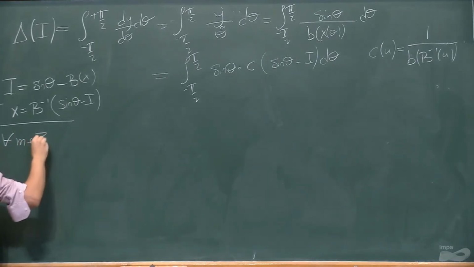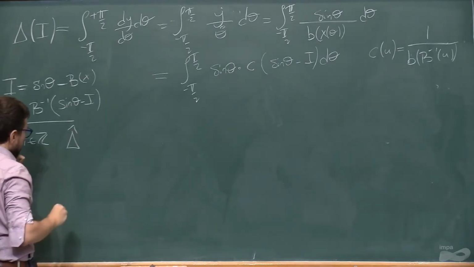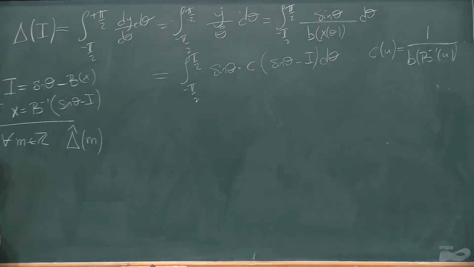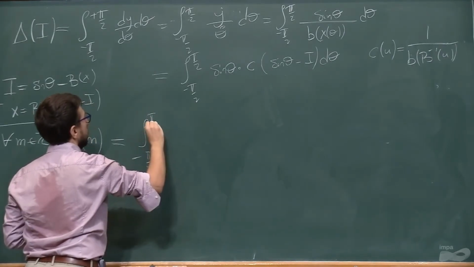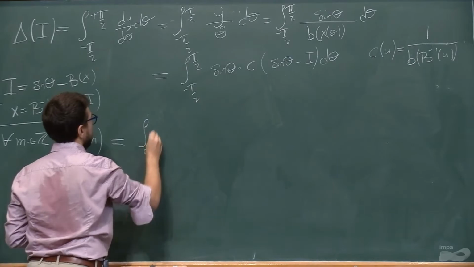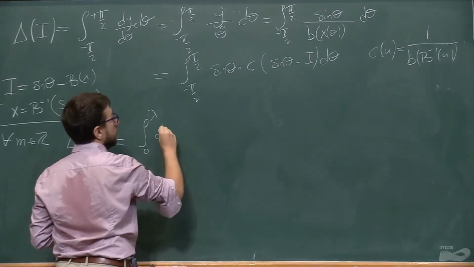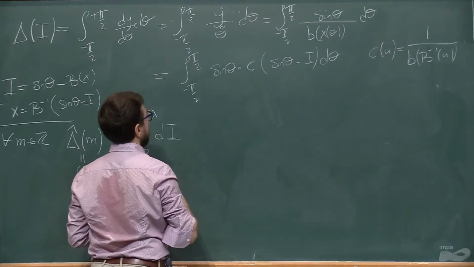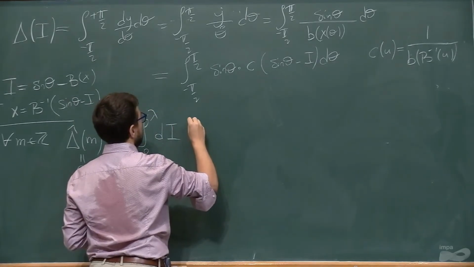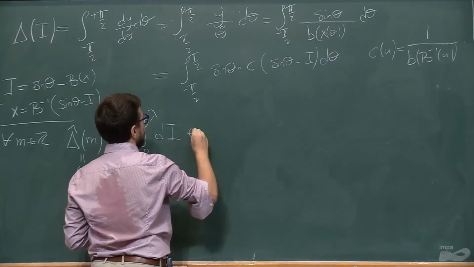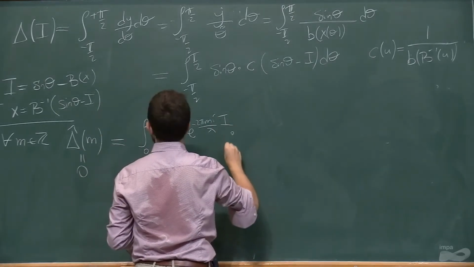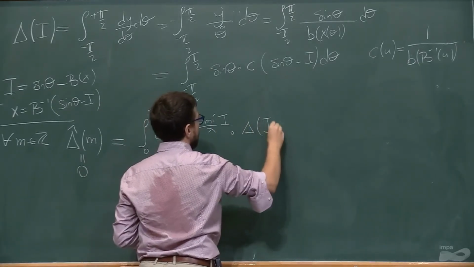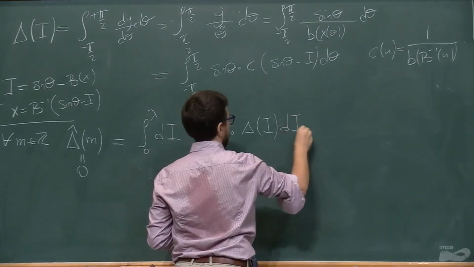And then now I want to impose that for all integers, the Fourier coefficients of delta are equal to 0. So what happens? So the Fourier coefficient of this guy is the integral from 0 to lambda in dI of e to the minus 2 pi m I over lambda times delta of I dI.